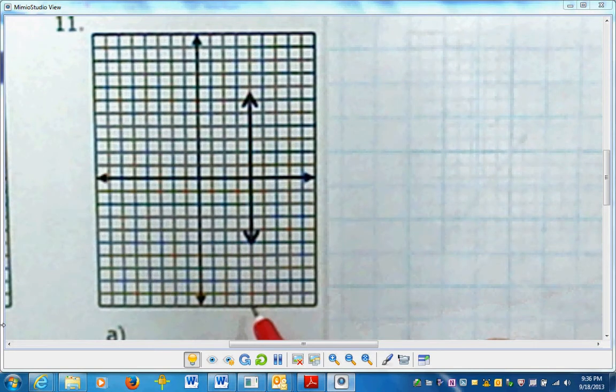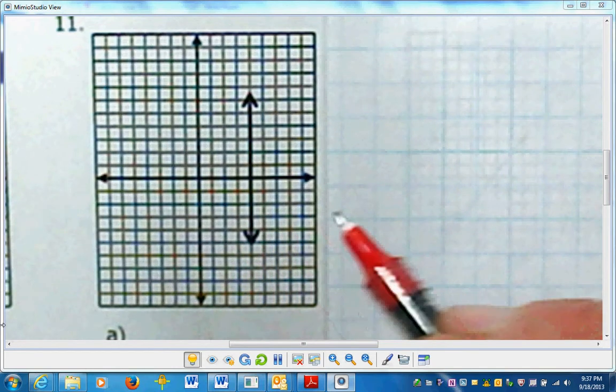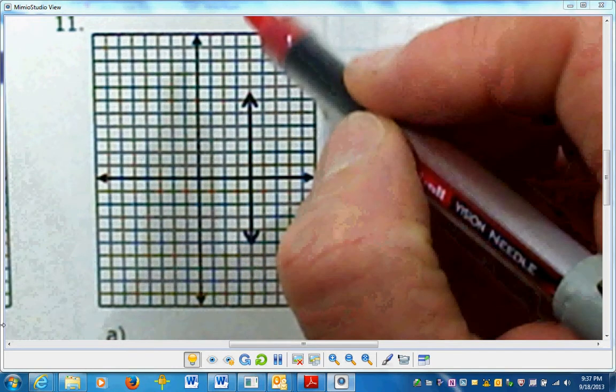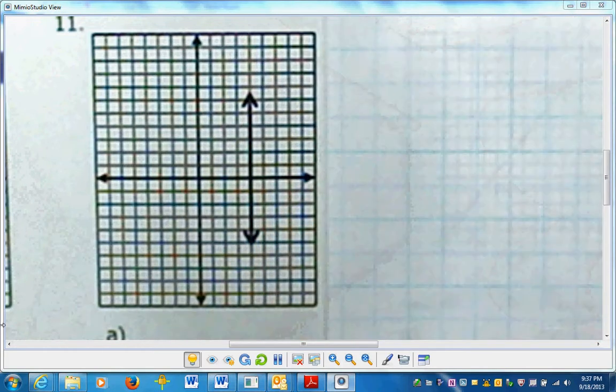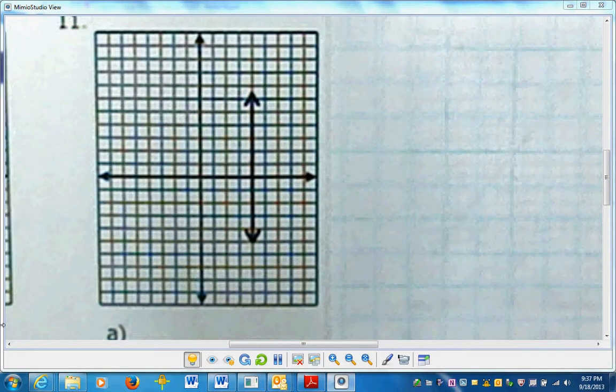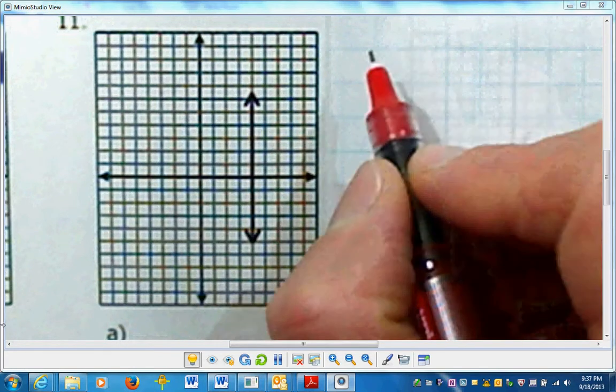So it even gives me a y value of -10, -1,000, a y value of 1,000,000, because that line goes forever. So this is not a function. Not a function.